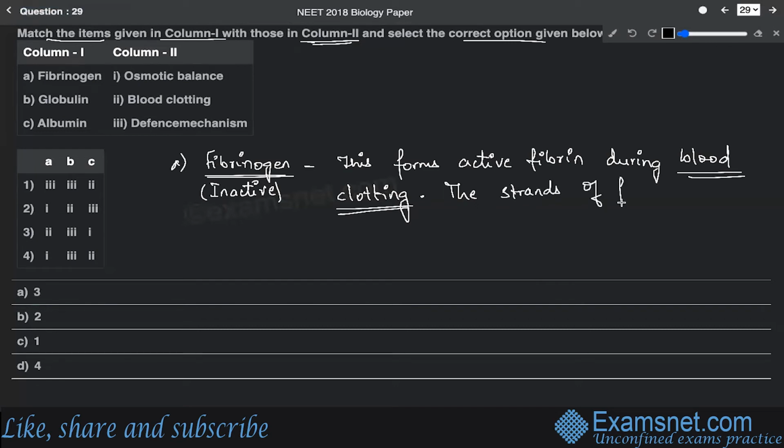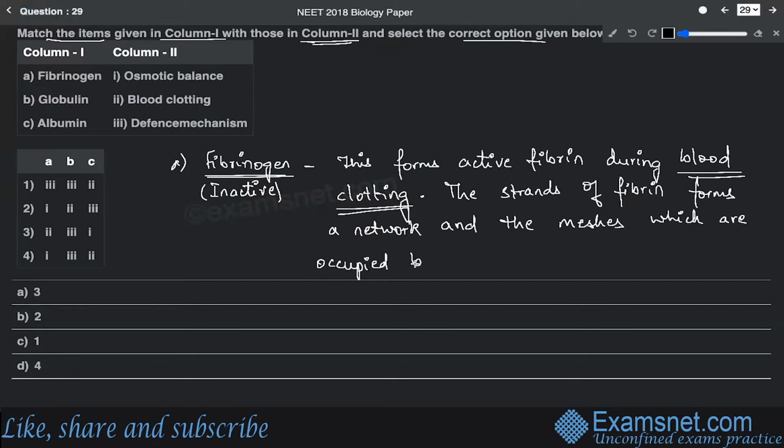the strands of fibrin form a network, and the meshes of this network are occupied by blood cells, thereby forming a blood clot.